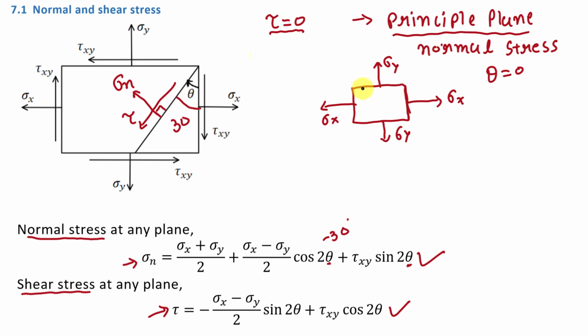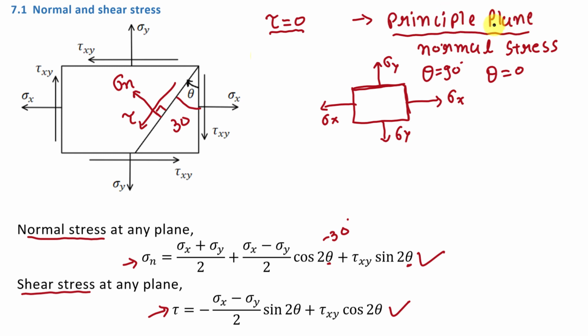Now you can see that on this plane of the body for which theta is equal to 90 degrees, there is also normal stress on this plane. Means on this plane there is only normal stress sigma y. There is no shear stress acting on this plane of the body. So this plane of the body is also called a principal plane.